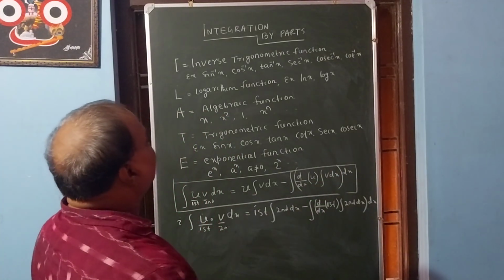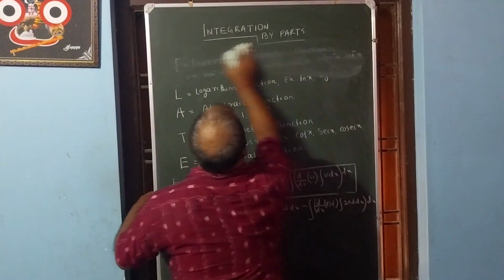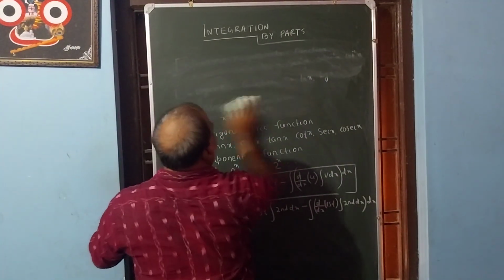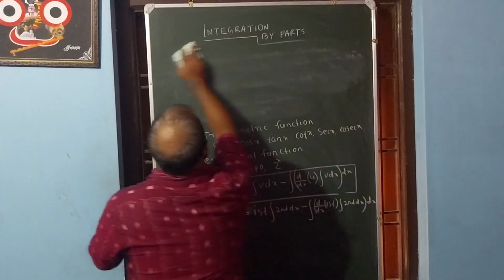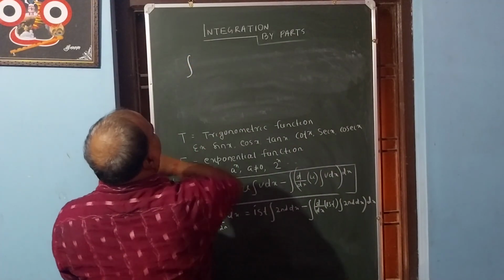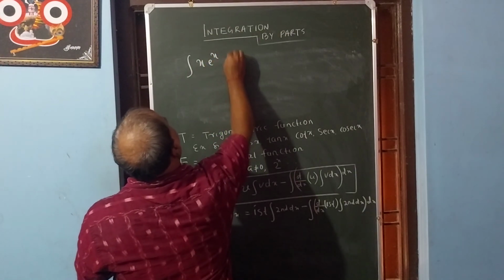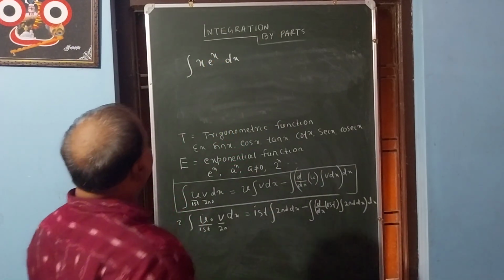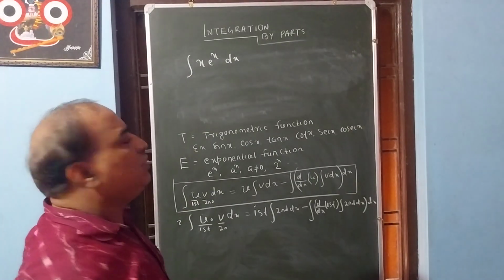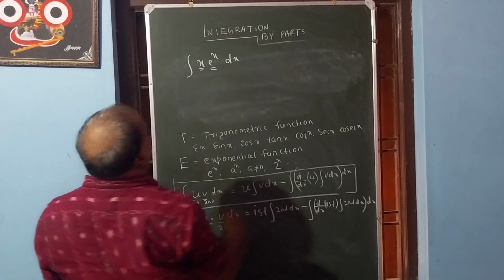So write down one example. How can you solve the problems? We have to take the integration of x e to the power x. You see here, there are two types of function. One is an algebraic function, another is an exponential function.